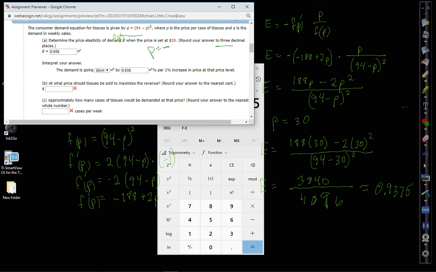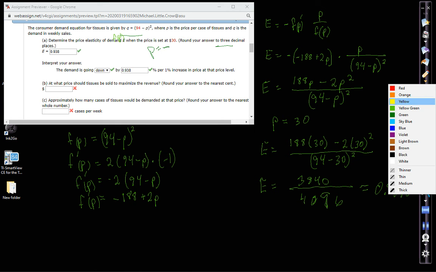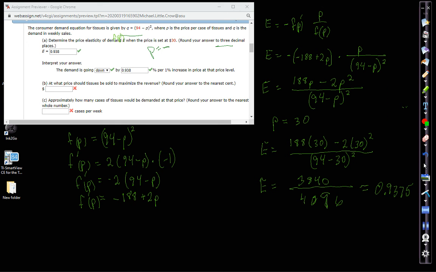Let me just get you a quick setup here at what price. What you need to do on this one is start here, set it equal to 1, and then solve for P. Remember, you can cross multiply, probably FOIL this out.